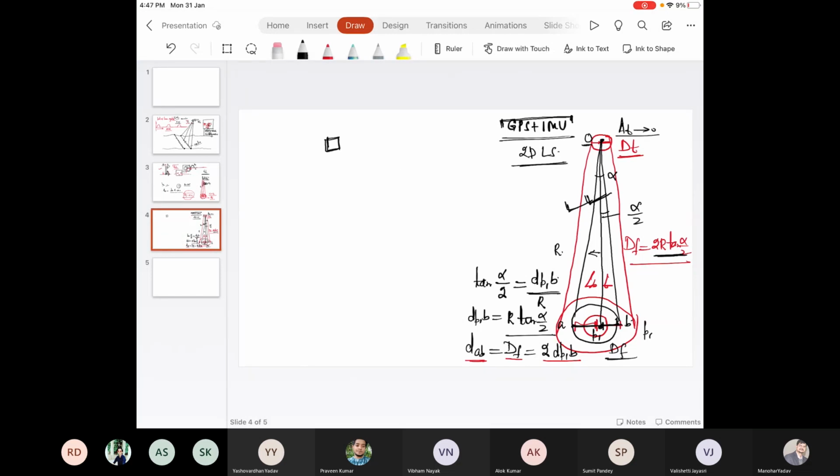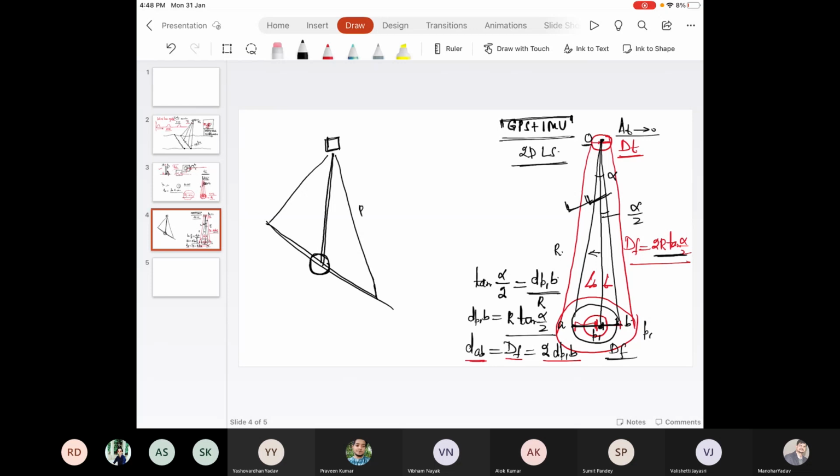Your sensor system is firing the laser beam; this is the slant direction, this is the terrain, and this is the nadir just below it. Just below it we have a circular shape, but when it is slant the shape will be distorted.